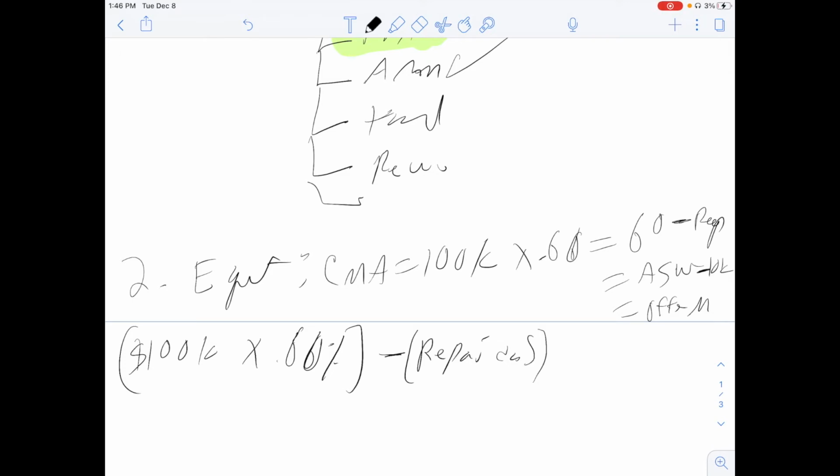I'm not going to get into that too deep. The basic understanding is 60 cents on the dollar, minus repairs, minus my assignment fee, equals max offer.